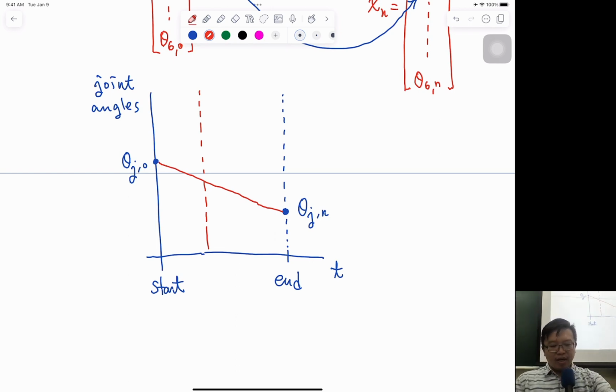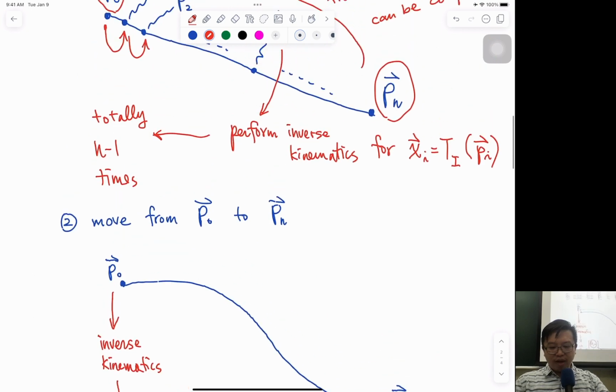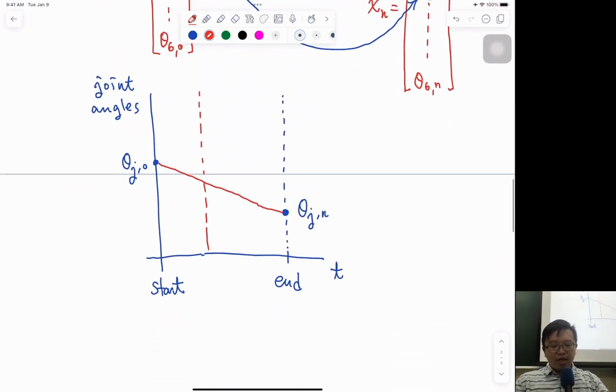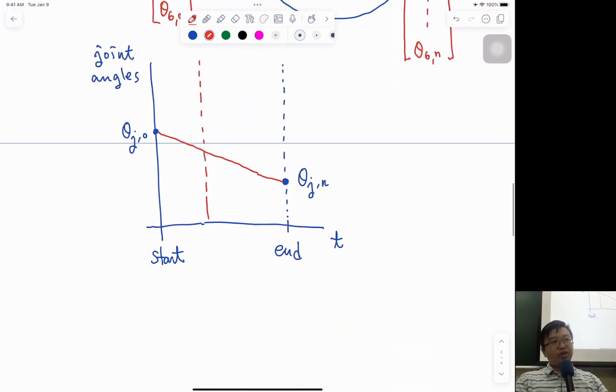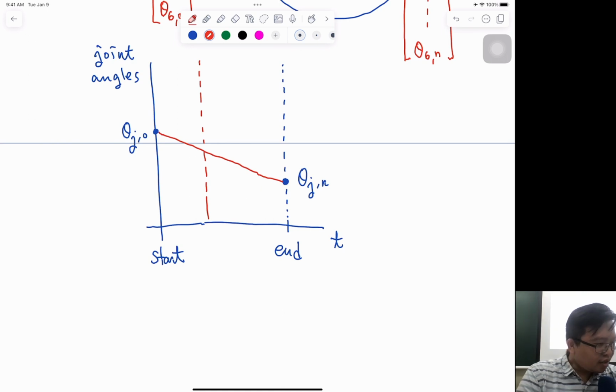Now, once you understand this, I'm going to talk about obstacle avoidance. Let's say I want to pick up this phone, and the cup now is an obstacle.